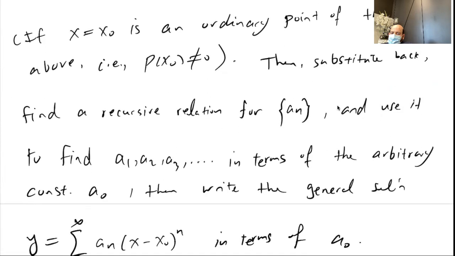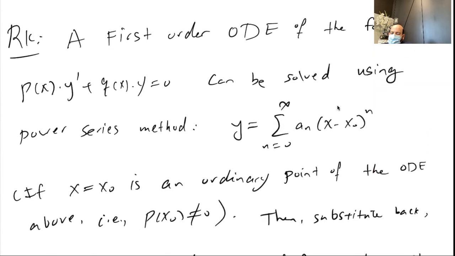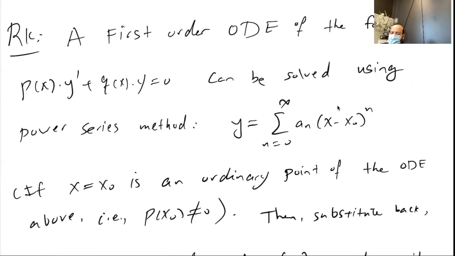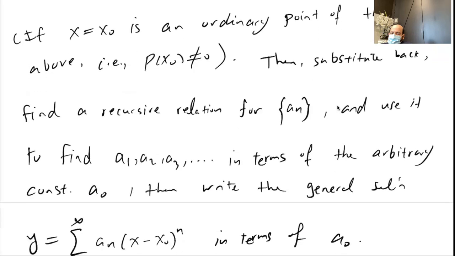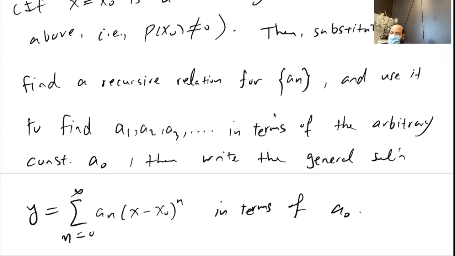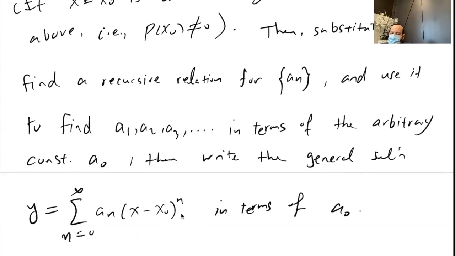So the only difference is that this time, because it is a first order ODE, the general solution will include one arbitrary constant, which we call A0, and then we can find all the remaining coefficients in terms of A0. Therefore, we'll be able to write the general solution in terms of A0 only.